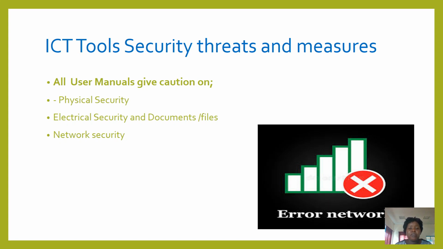So as you read the user manuals, you need to know: is this one cautioning me about the physical security? Is this one cautioning me about electrical security and securing my documents? Is this caution talking about the network security?